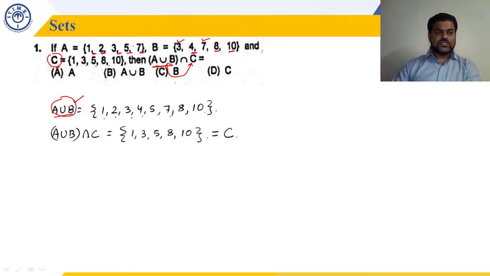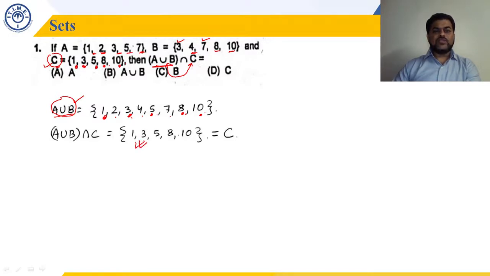So within this and this, which are the elements which are common? So the common elements are 1, 3, 5, 8, 10, right? The common elements are 1, 3, 5, 8, 10. So A union B intersection C will be these 5 elements.